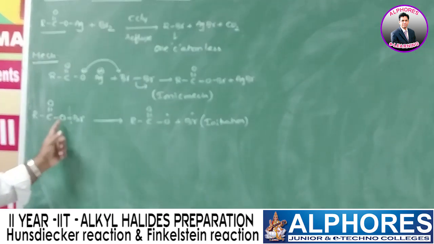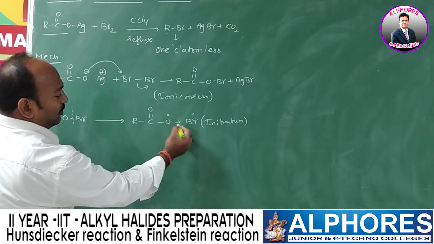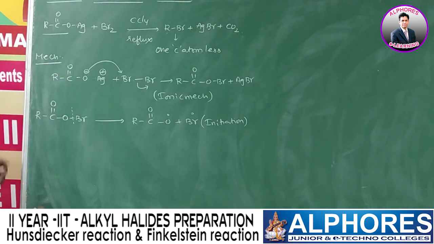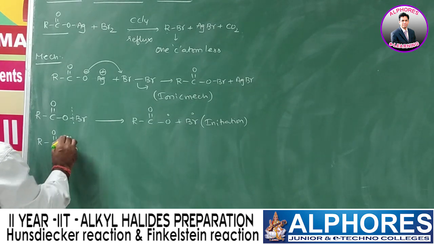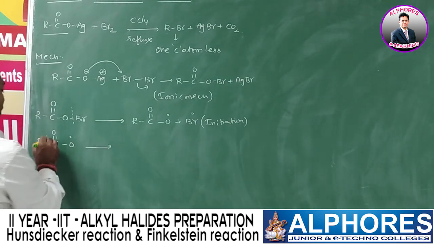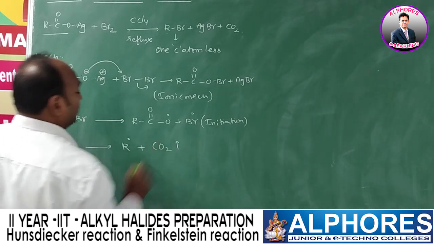During homolysis of OBr, both being non-metals, the free radical mechanism proceeds here, and O radical and Br radical are generated. Later, the RC=O radical undergoes further homolysis, and we get R radical and CO2.